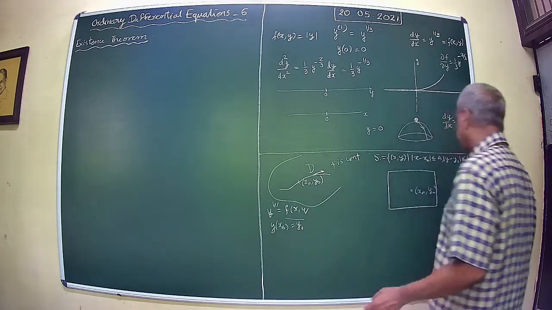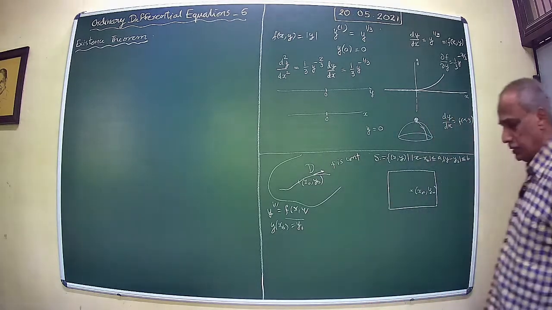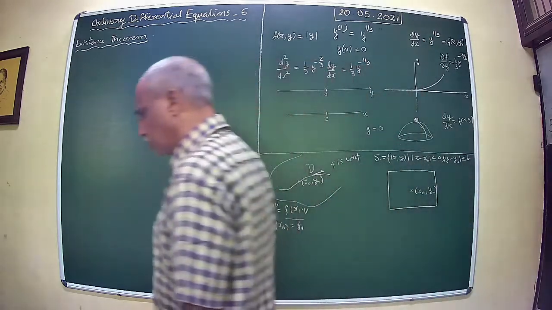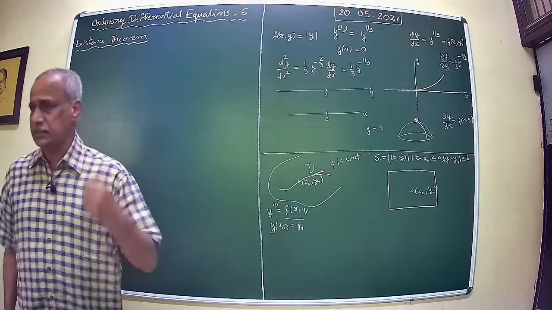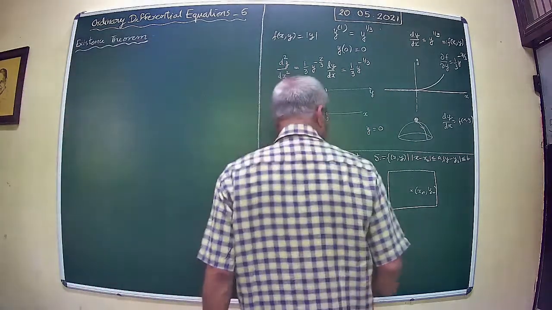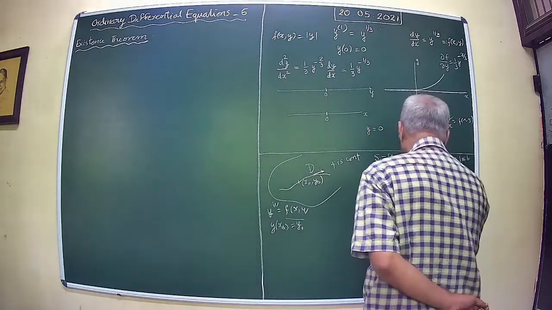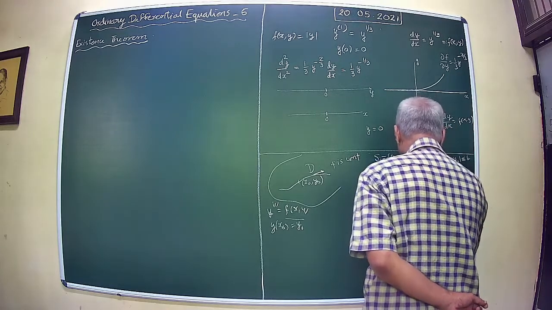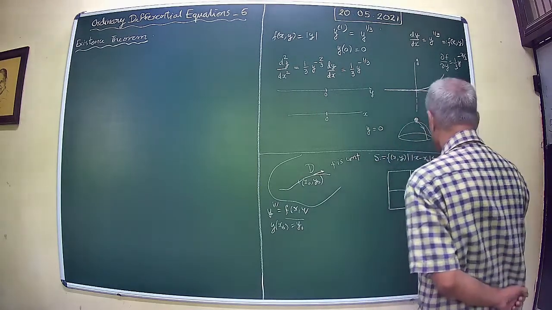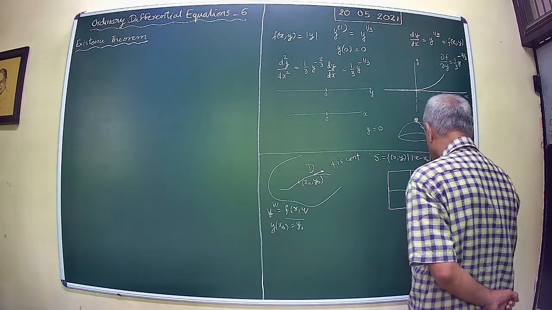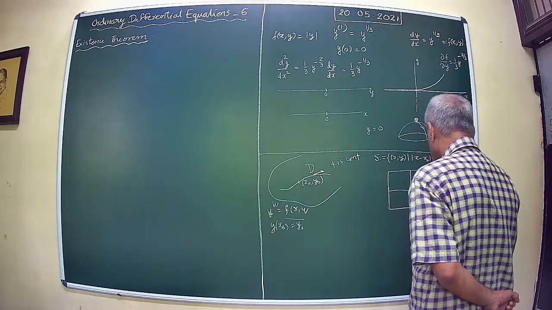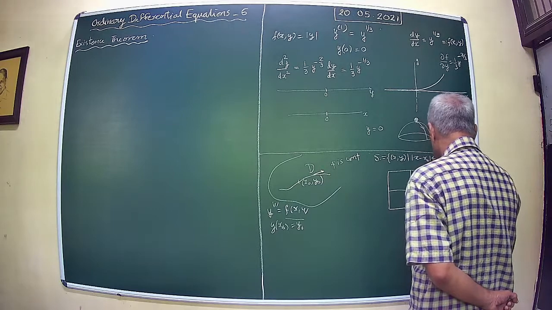That means a rectangle with length 2a units and width 2b units. So this is the rectangle that you have. This is a units, this is a units, and this is b units.